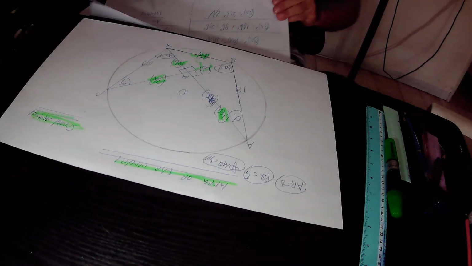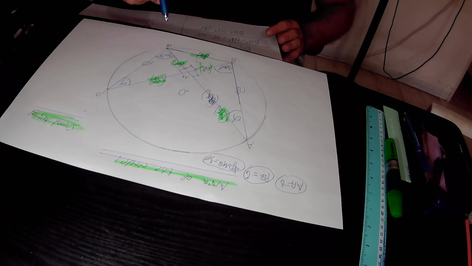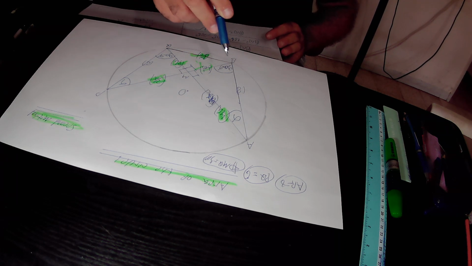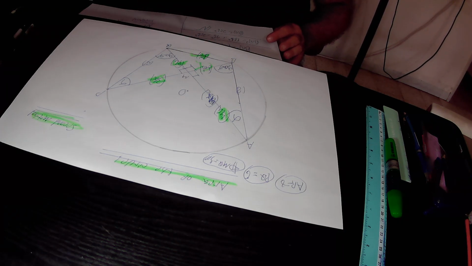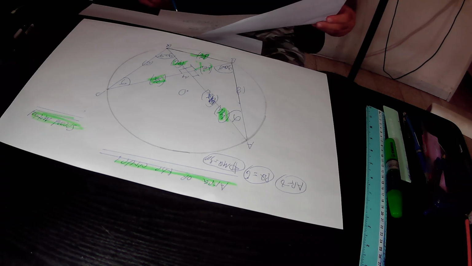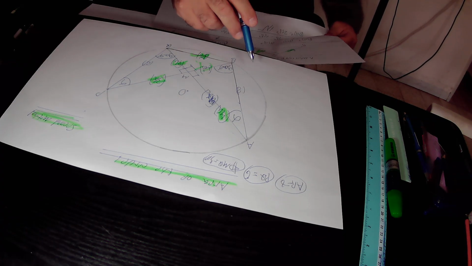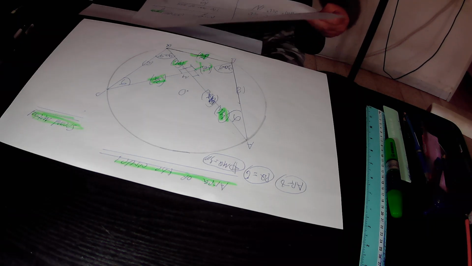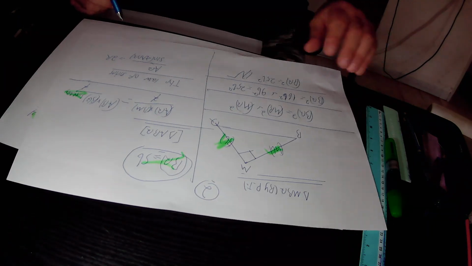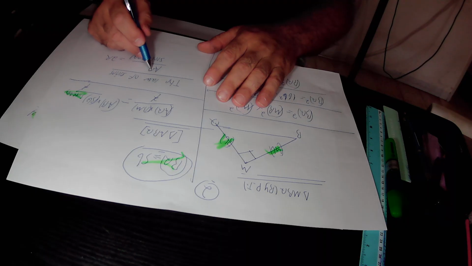We took side AQ over the sine of the angle that is in front of AQ, that is angle ABQ. So AQ over sine angle ABQ equals 2R, and 2R is the diameter of this circle that encloses triangle ABQ.